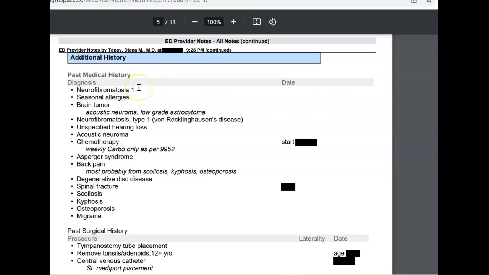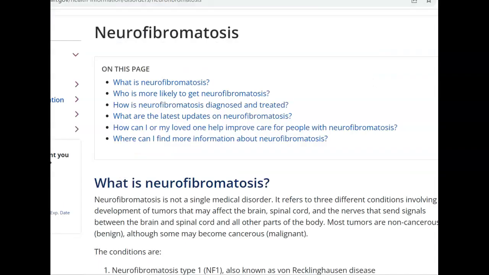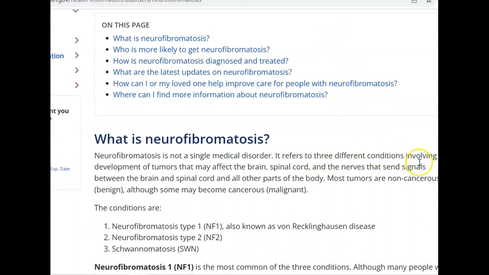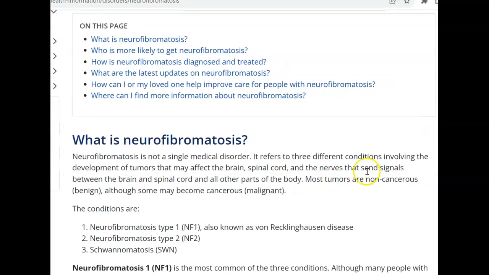Significant, the neurofibromatosis. Okay, it's something that a patient or a person is actually born with. Let me pull it up here. So this just kind of talks about it's a medical disorder. Most tumors are non-cancerous.